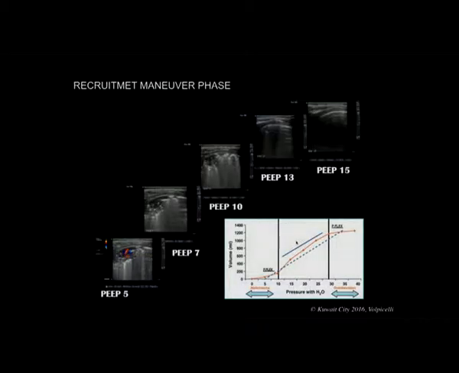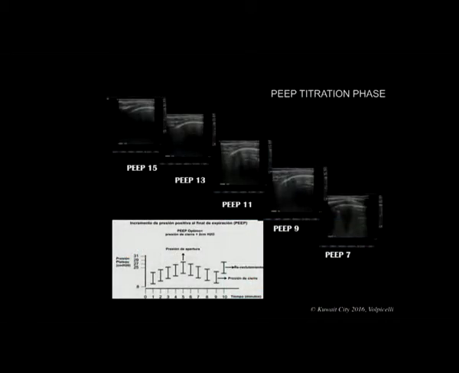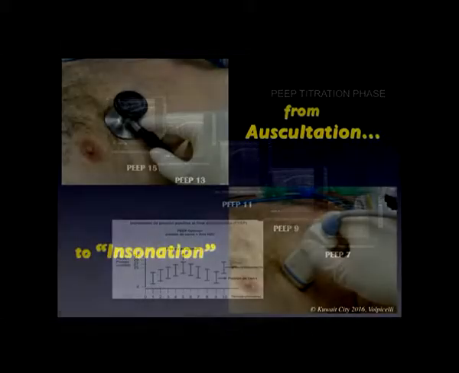So what we can do is to change our ventilatory strategy to obtain recruitment, and then titrate the correct ventilatory strategy to obtain the minimum level of recruitment that is the safest level for our patients. Two minutes. Thank you for your attention.